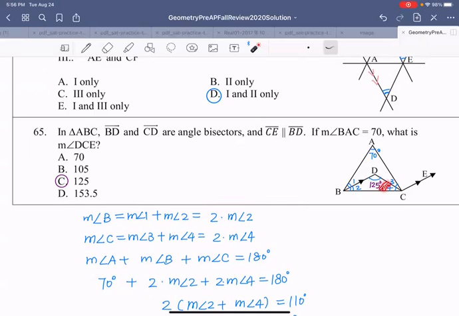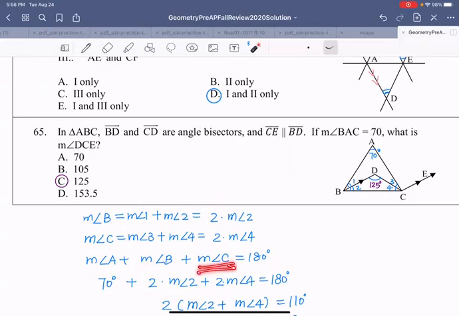All right. Now look. The measurement of A plus B plus C equals 180, correct? This is 70, I copy down this 70. The measurement of angle B is 2 times the measurement of angle 2.